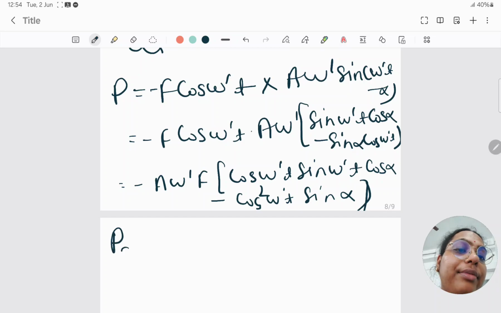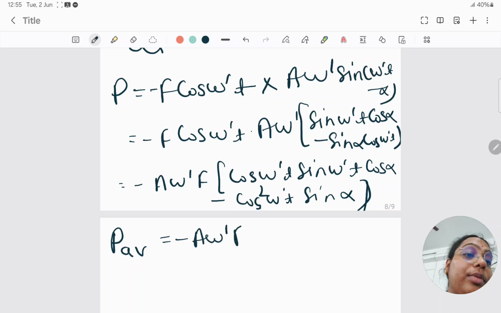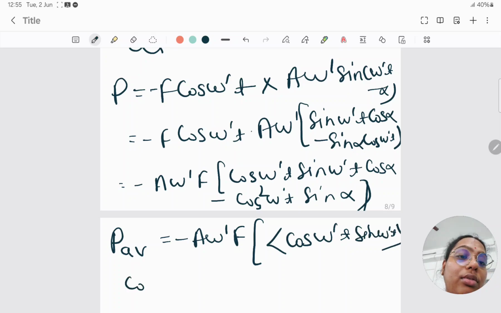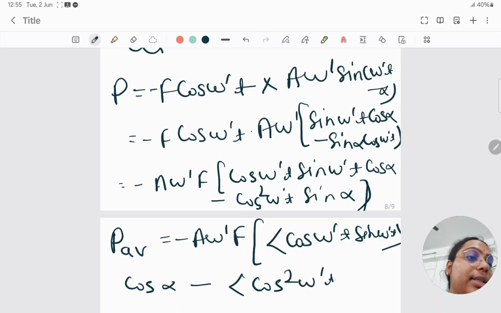Now calculate the average of power, means average power. So what will be the average power? Cos omega dash t sin omega dash t cos alpha minus cos square omega dash t sin alpha.